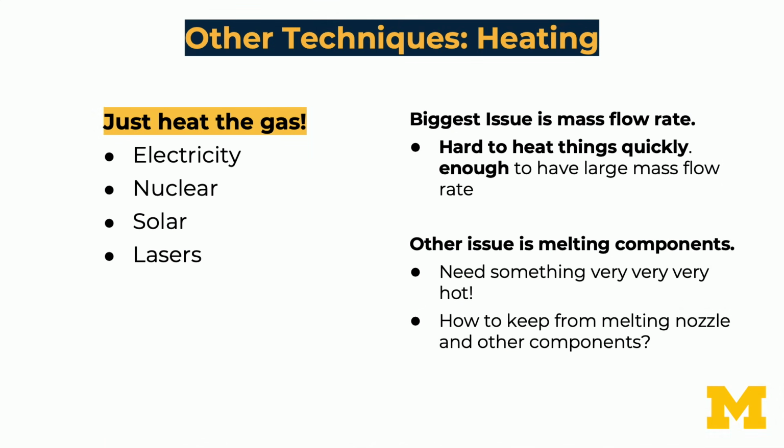The other issue that we have is that we have these metals that we use to build our nozzles and our combustion chambers and everything. And if we add too much heat, we melt our components. So what we really need to do is design new components for our combustion chamber using new metals that actually have a much higher melting point.